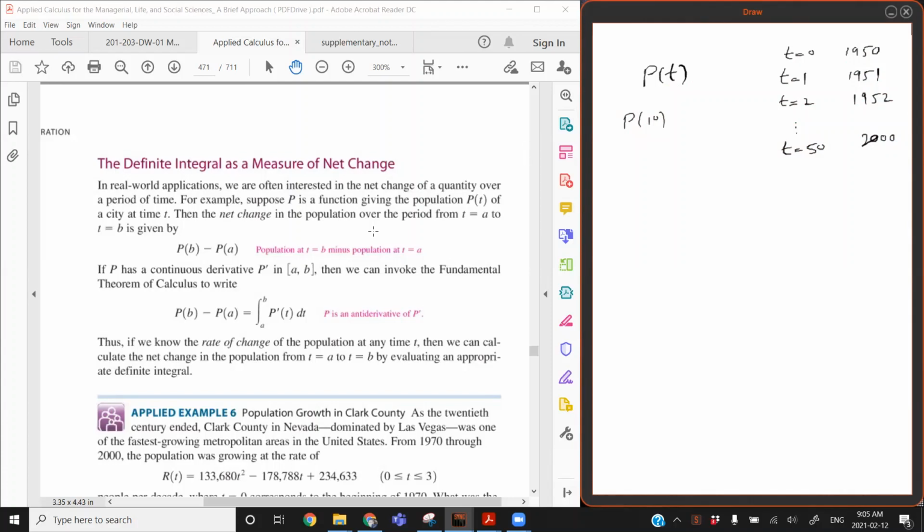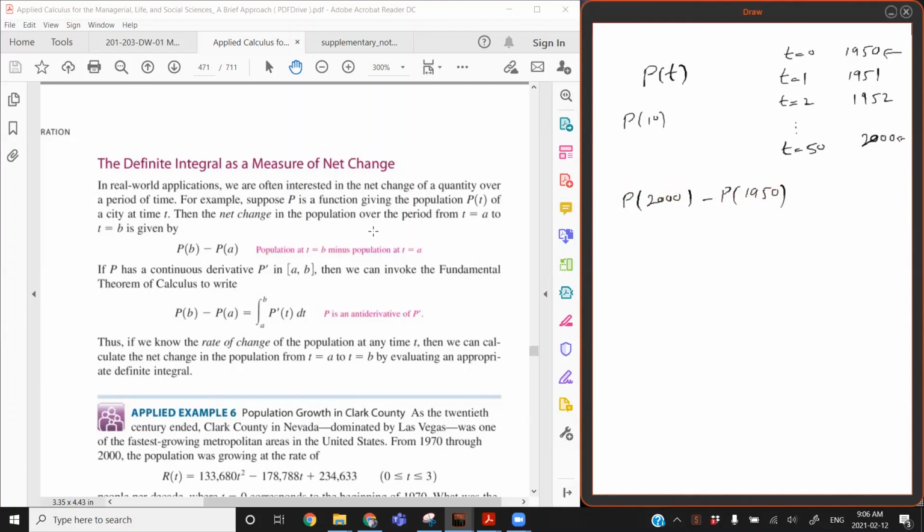Now, if you're looking for the net change within a certain period, so you want to know how the population changed, the net change from the year 1950 up to the year 2000, then you're basically looking for the population in the year 2000 minus the population in the year 1950.